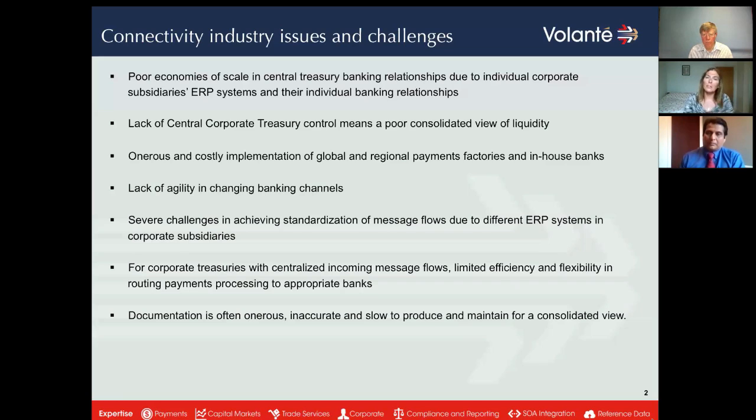So realistically, what you want is to be able to say to the subsidiary, send me the payments as if you were sending them to the bank, and let me do something about it to translate those into the format for our new centralized banking relationships, which may be with a different bank, but that bank would require a different format. So it's about the agility to transition your banking channels.